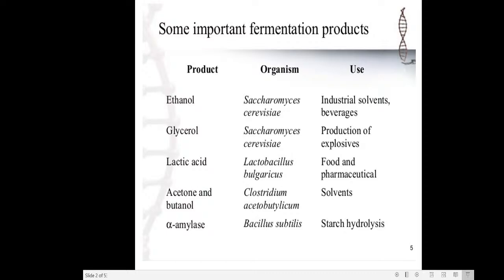In batch fermentation, once you add the substrate and the microbe and take the product, that set of experiment is finished. In the next step you need to add new substrate and new microbe, a new process. It is highly expensive, because you need to add substrate in each and every step.